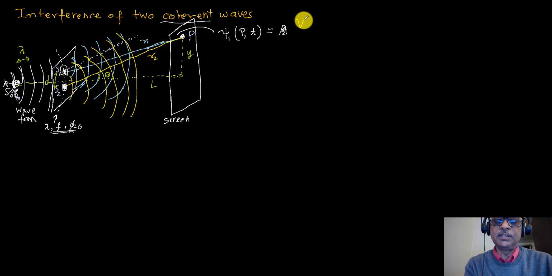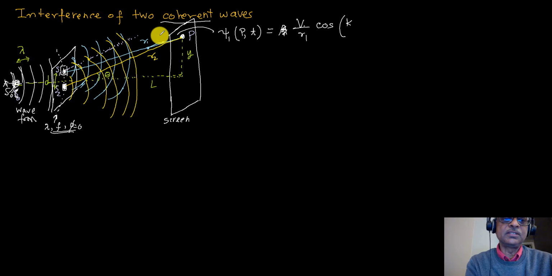Let's say it's a spherical wave, so some v over r1, so it's gone that much. That's the amplitude. And then cosine of k r1 minus omega t. So at time t it appears right over here.